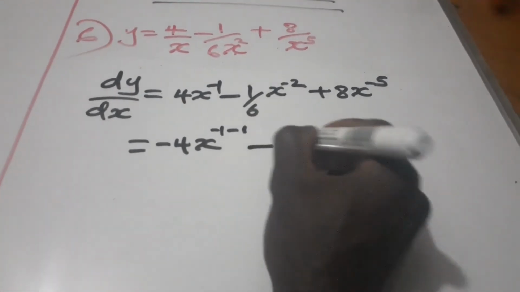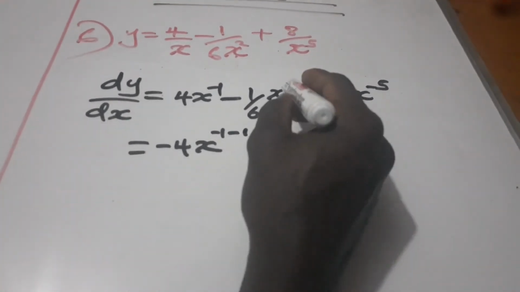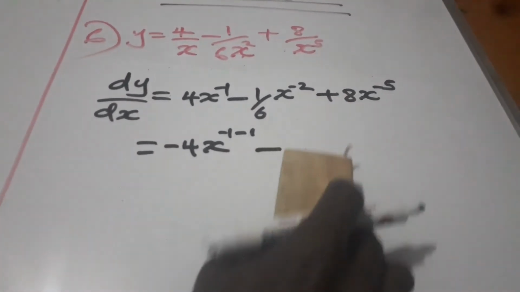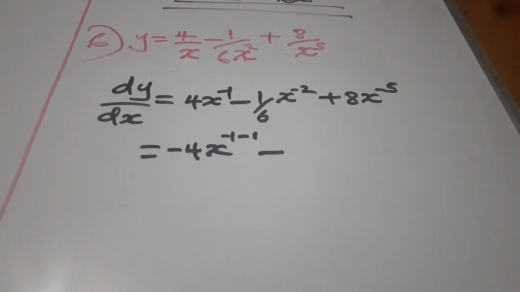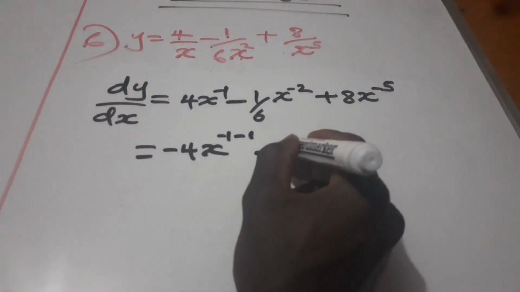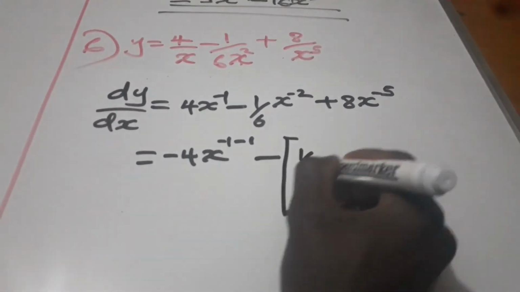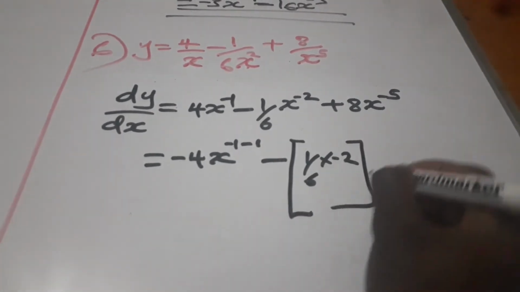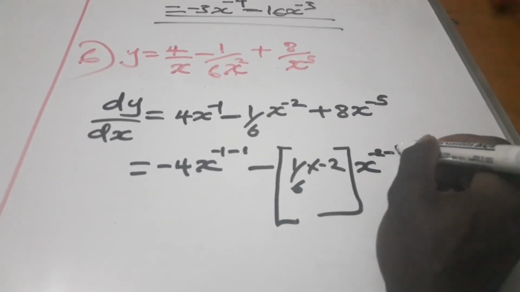Then minus 1 over 6 multiplied by negative 2, and x raised to power negative 2 minus 1.